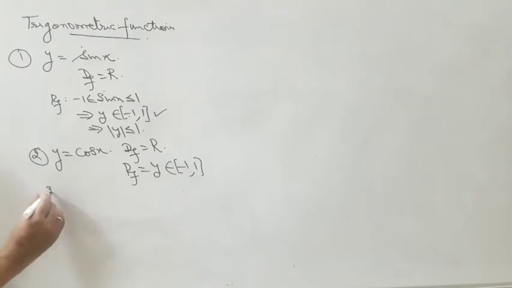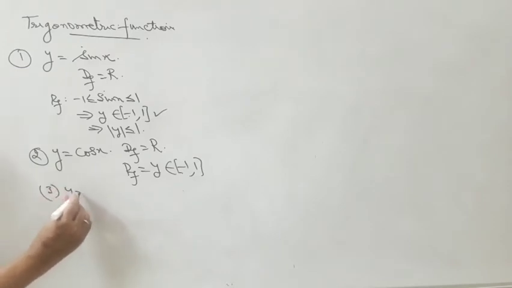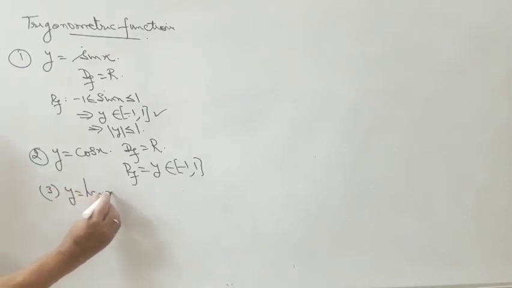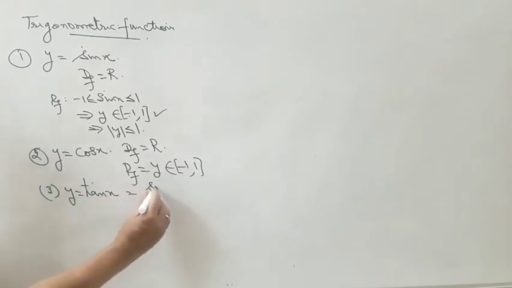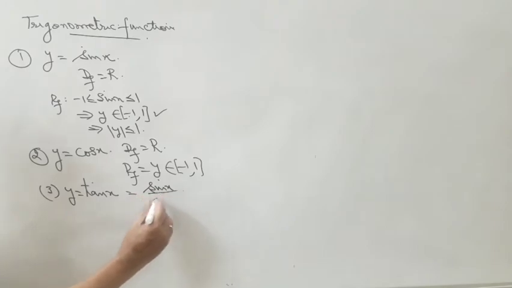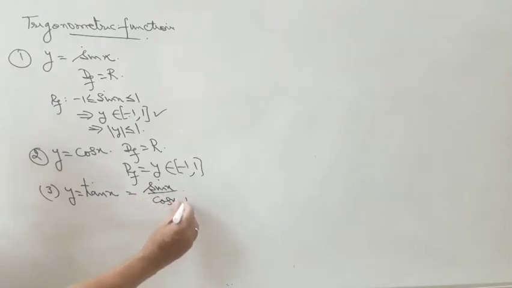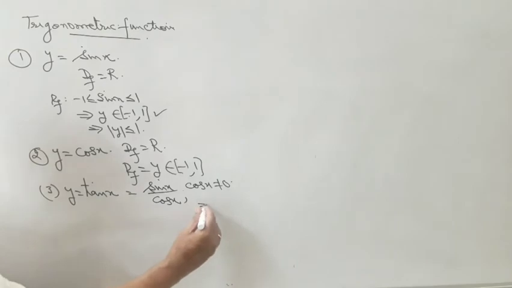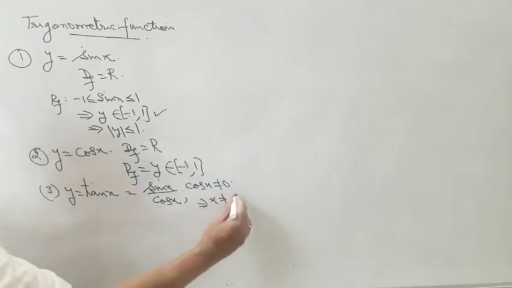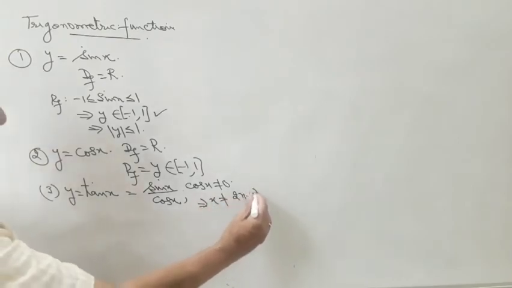The third case is y is equal to tangent x. Therefore, this is sin x upon cos x. Clearly cos x is not equal to 0 for the existence, and this implies x is not equal to (2n plus 1) pi by 2.